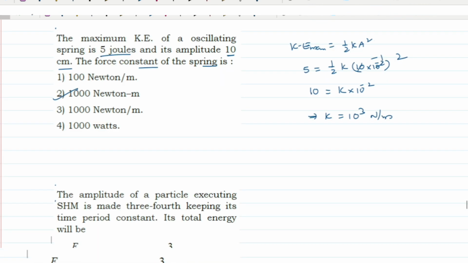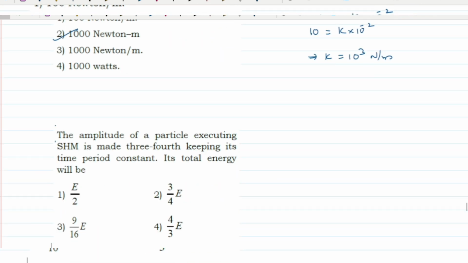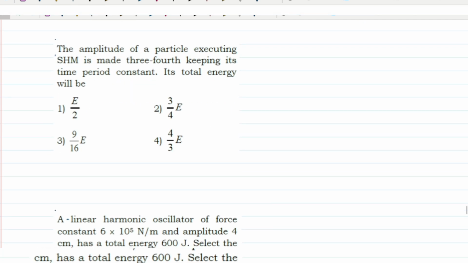The next question says the amplitude of the particle executing SHM is made 3/4 keeping its time period constant. The total energy they are asking. Just look here, the total energy formula is half m omega squared A squared.